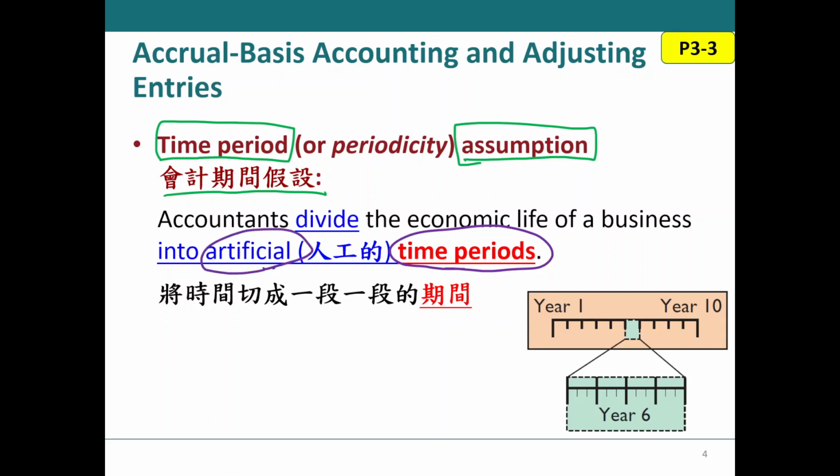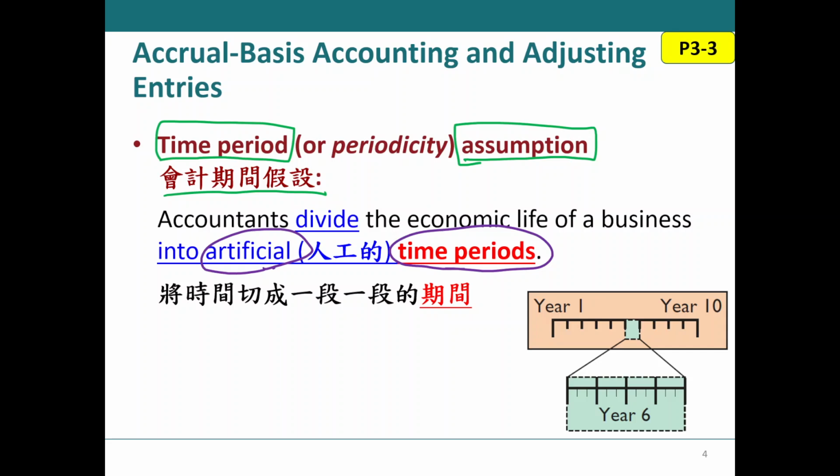Because we want to look at the situation during each period, we do that. After 1 year, 365 days, you can look back. Okay, in 2023, did I do well or not? Next year, I hope I want to do something.